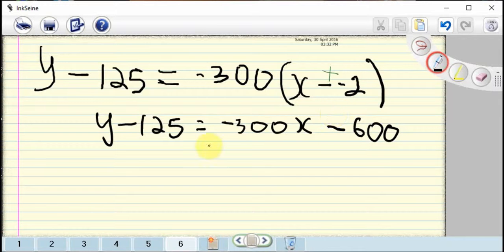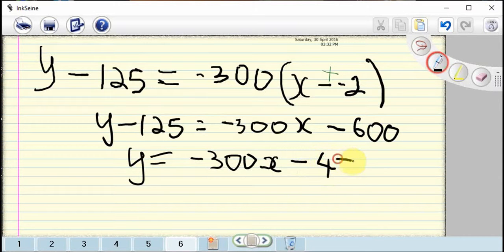And when we make y the subject, then we end up with y equal to negative 300x, y equals mx plus c, remember that? Minus, when we transpose the negative 125, it becomes plus 125. So that's going to be negative 475. I know my writing is crappy, but you guys understand.